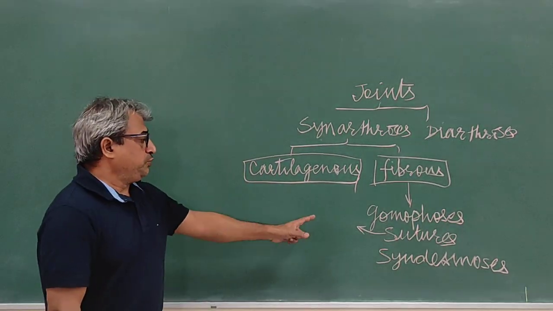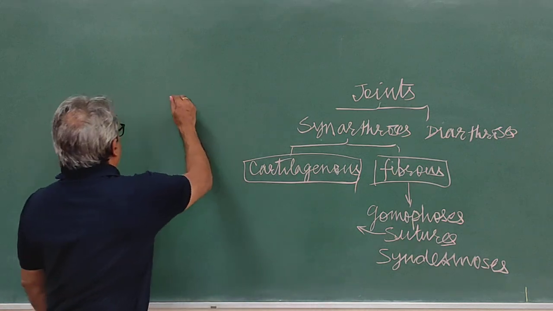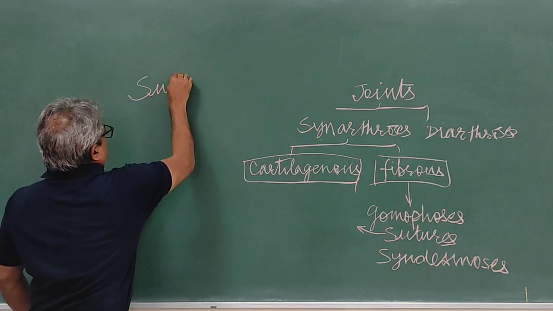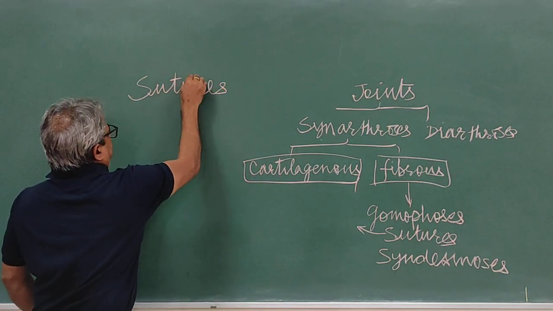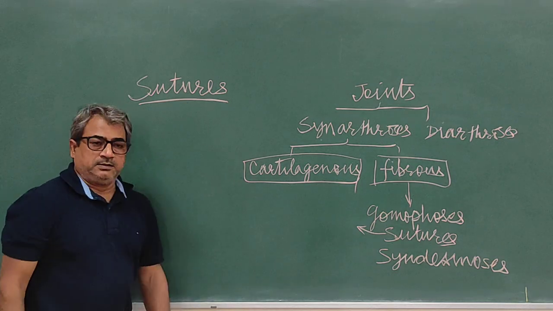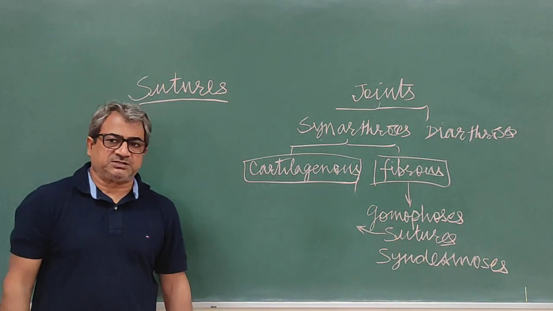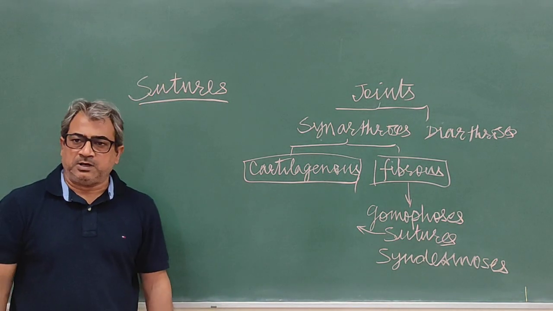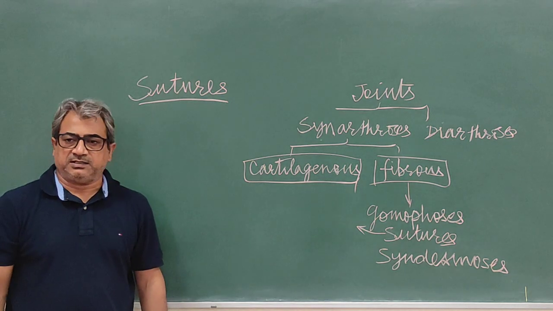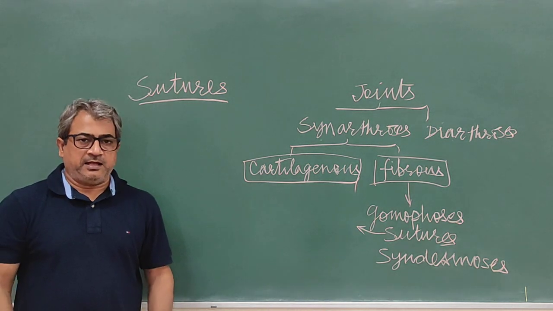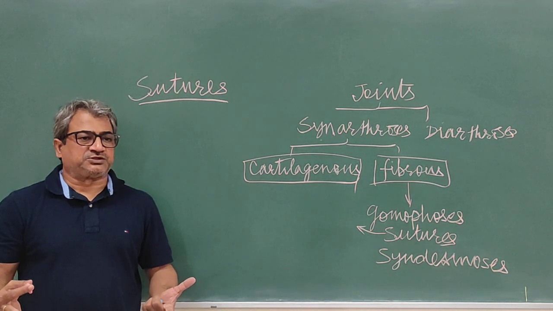Right? So, see, we are taking up sutures. The prominent sutures which we know about are the ones which are present in the cranial region. And what does a suture actually consist of?